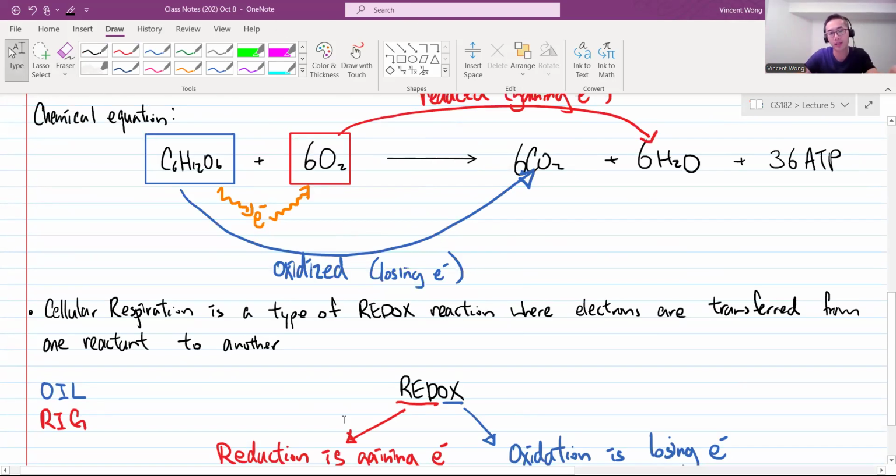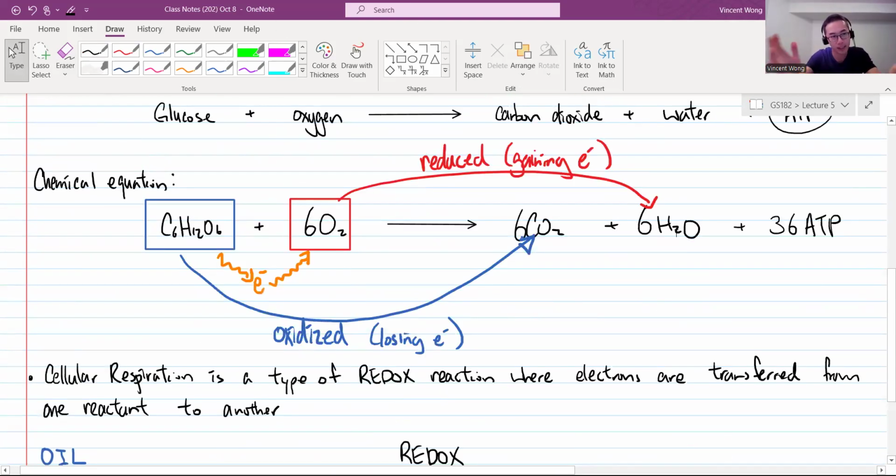I know we call this a redox reaction, but you can also think of it as a combustion reaction. If you haven't learned that in chem yet, you will. Combustion reaction basically means you burn a fuel in the presence of oxygen, and then it produces carbon dioxide and water.